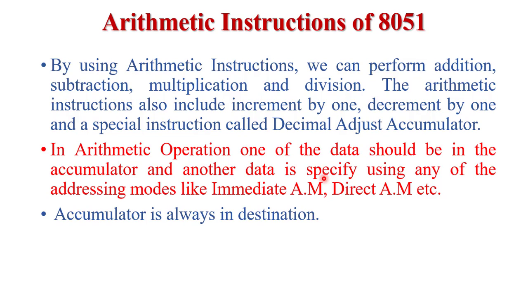So in an arithmetic operation, one data is stored in the accumulator and another data is specified using any one of the addressing modes, like immediate addressing mode, direct addressing mode, indirect addressing mode, register addressing mode, etc. So one data is in the accumulator and another data is specified using an addressing mode.